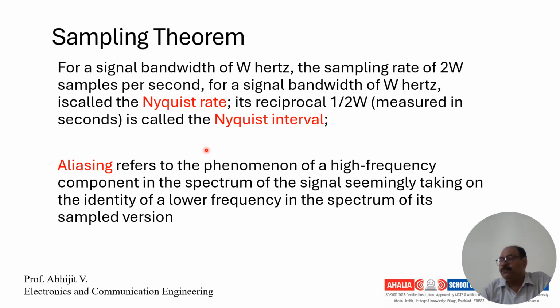The next important definition is aliasing. Aliasing refers to the phenomenon of a high frequency component in the spectrum of the signal seemingly taking on the identity of a lower frequency in the spectrum of its sampled version.